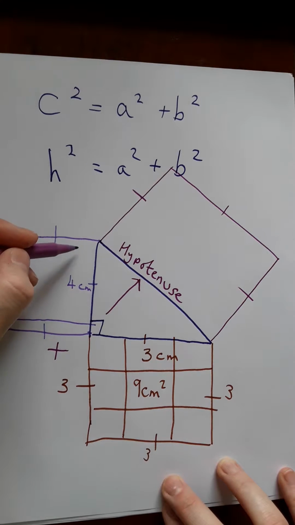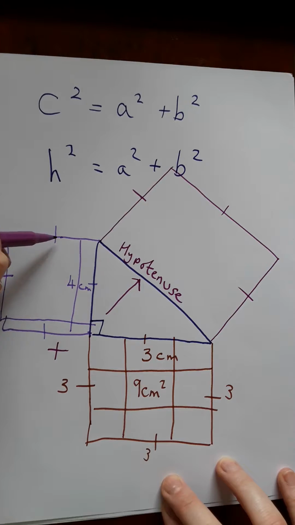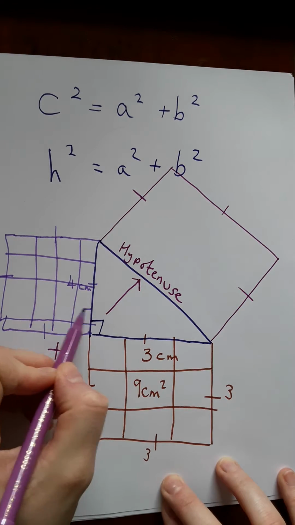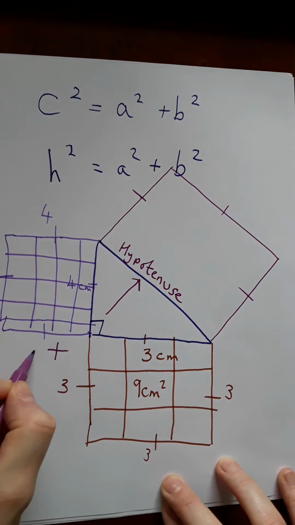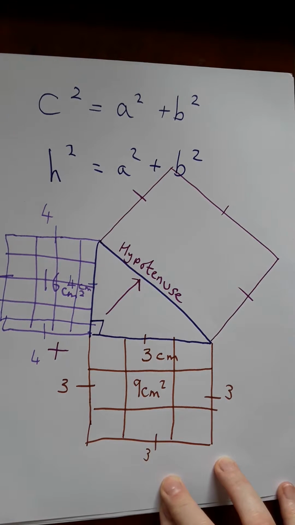And here, if this is worth 4 centimetres, I have 4 centimetres going this way, and I have 4 centimetres going this way. So that gives me 16 centimetres squared in total.